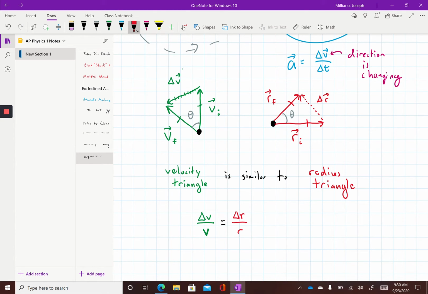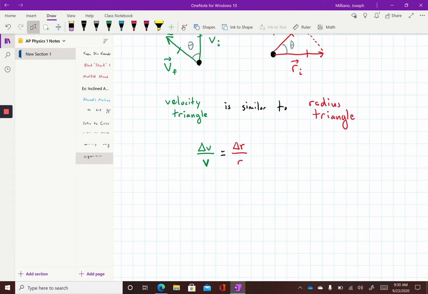Now, what is velocity defined as? Velocity is defined as distance over time at a constant speed. So v over, let's see, the change in your radius over your time interval. And that's got to be equal to the change in your radius over your radius.